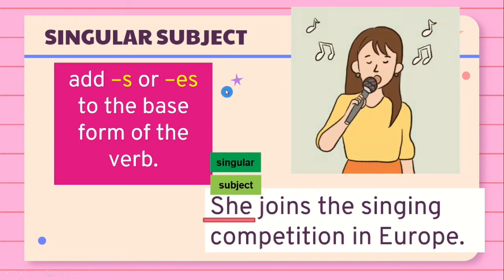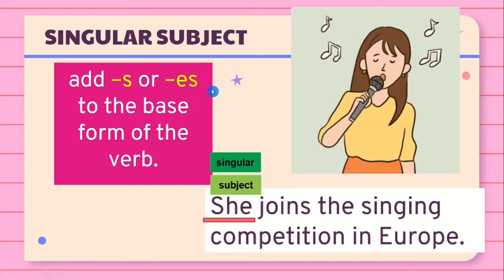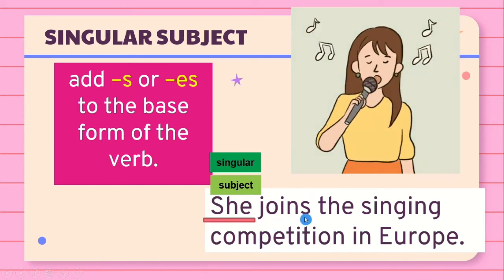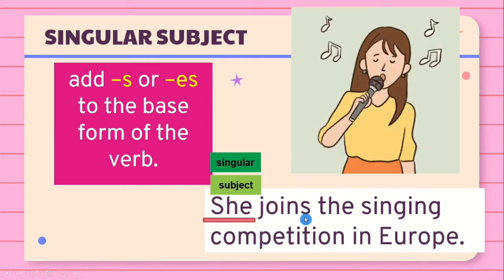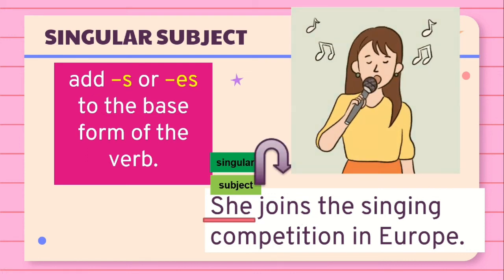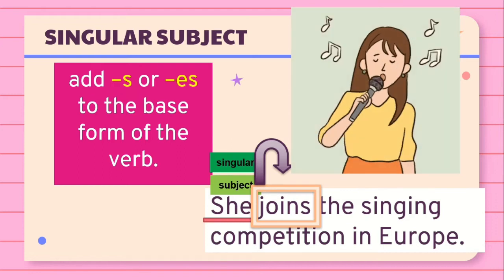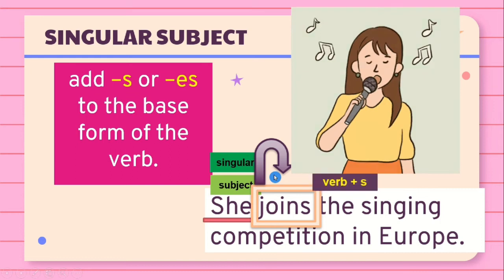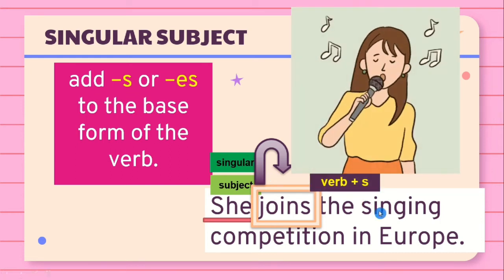And then do not forget the rule. You should add S to the base form of the verb. So here, we are adding S to the verb join. So that becomes joins. So again, if you have a singular subject, do not forget to add S to your verb.